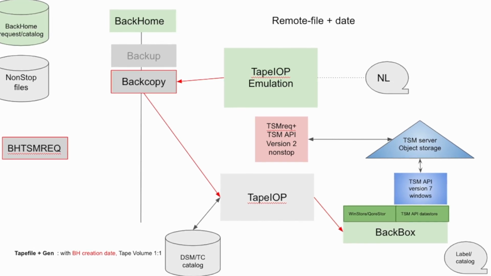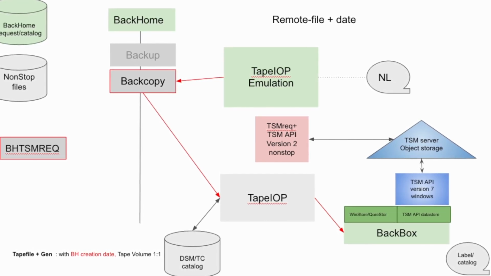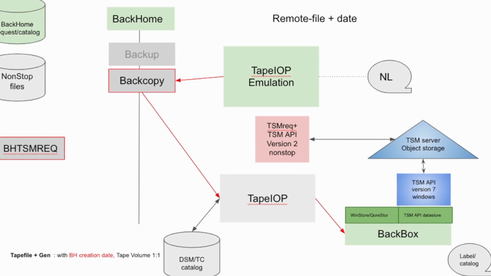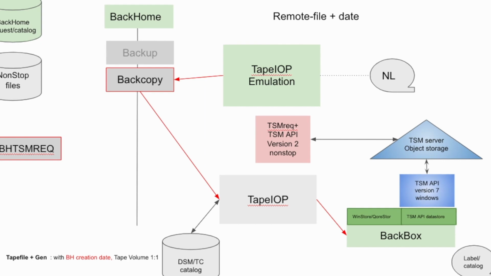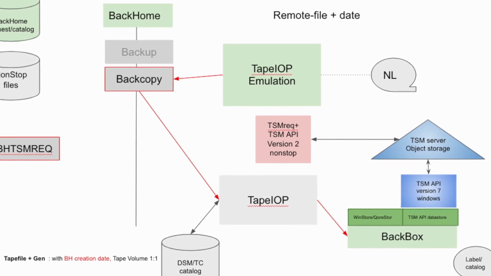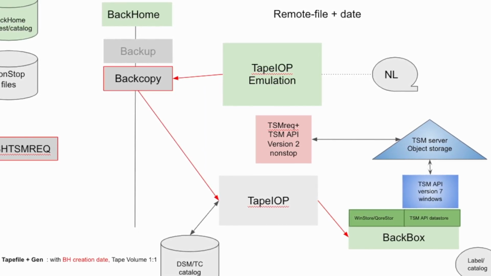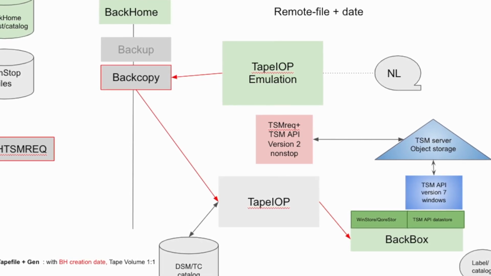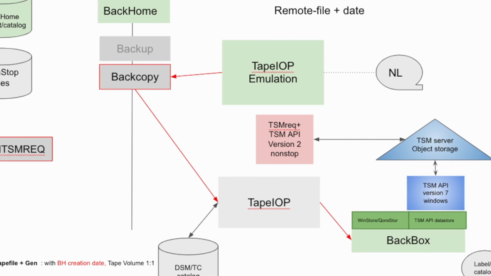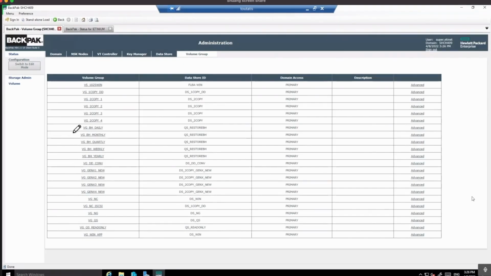This program will take a backup on the tape and write to a copy on another tape. In this case, we will be using BackCopy to take the TSM objects and copy them to tape for our migration. Let's switch to the BackBox UI now.